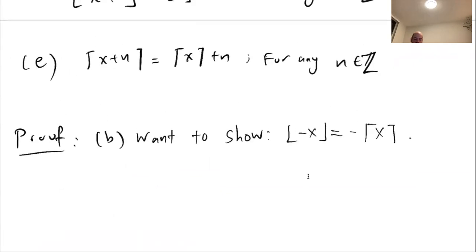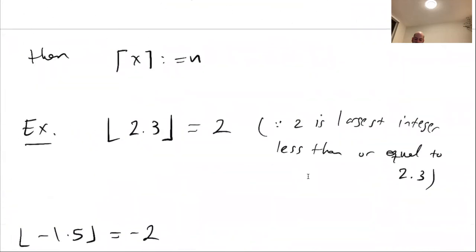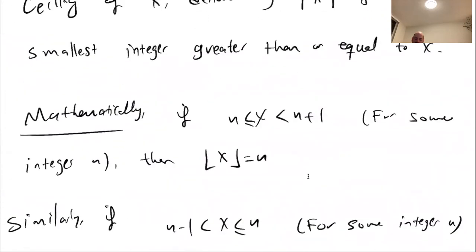Okay, so how can I prove this? Well, let's start with, well, we know that for every X, if you look at the mathematical definition of floor, we said that if X is bigger than or equal to N, less than N plus 1, then floor of X is defined as N. So for every X, there exists an integer N such that X is bigger than or equal to N, less than N plus 1.